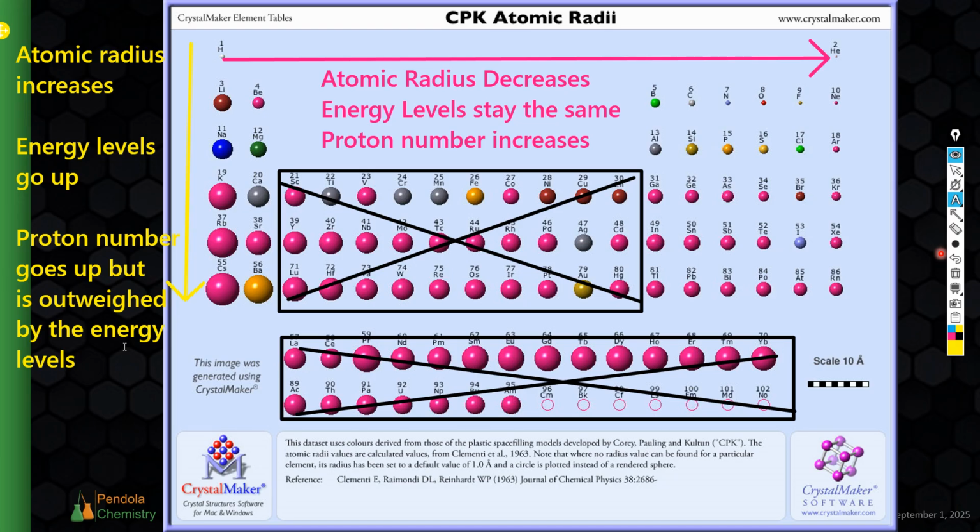So the fact that we have more energy levels, that's related to shielding. The more energy levels we have, the more shielding there is, the less attraction the other electrons have, and so they get bigger. So make sure that you hit these points as well as the nuclear attraction when you're talking about these in an answer. Also, it will depend on how many points that question has associated with it.